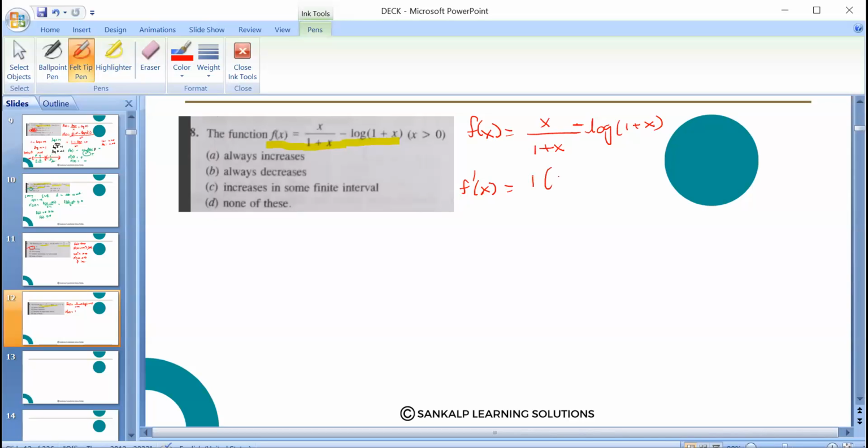Derivative of x into 1 plus x minus x into derivative of 1 plus x, by 1 plus x whole square, minus, for log you will use the chain rule. Derivative of log of 1 plus x is 1 by 1 plus x, and the derivative of 1 plus x is 1.